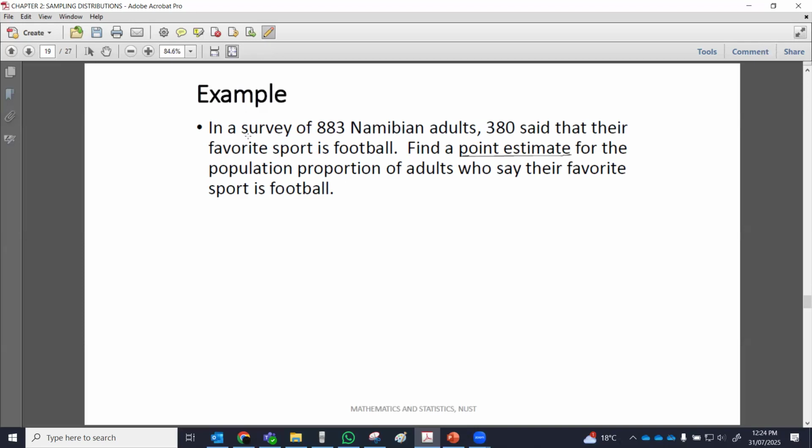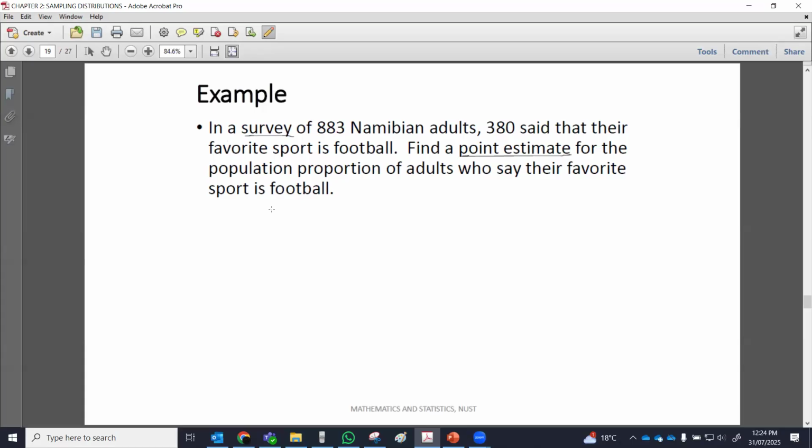We took a survey. Remember, a survey refers to a sample. Otherwise, if it was the entire population, we would call it a census. So we have a survey of 883 Namibian adults, and R is those out of the 883 who said their favorite sport is football.